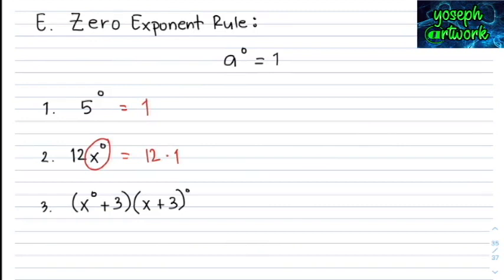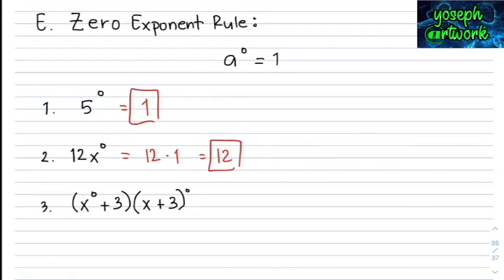Tandaan na, yung 12 natin is hindi siya kasama sa merong exponent na 0. That's why hindi siya magiging 1. So we have here 12 times 1, and simplifying this will give you 12. This is the answer for item number 2. Let's move on with item number 3.